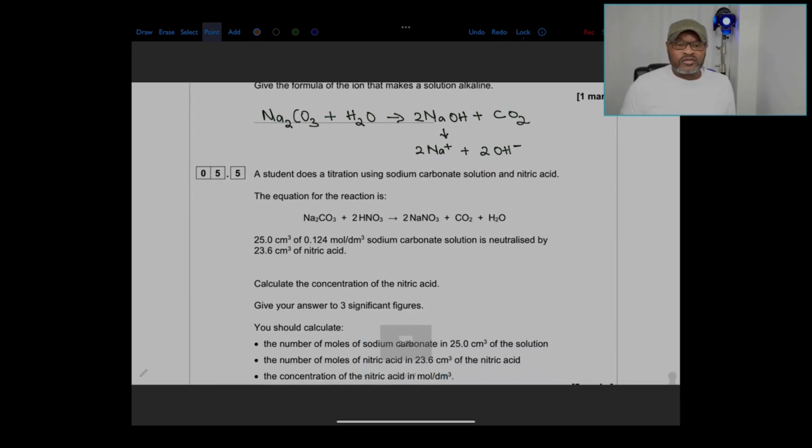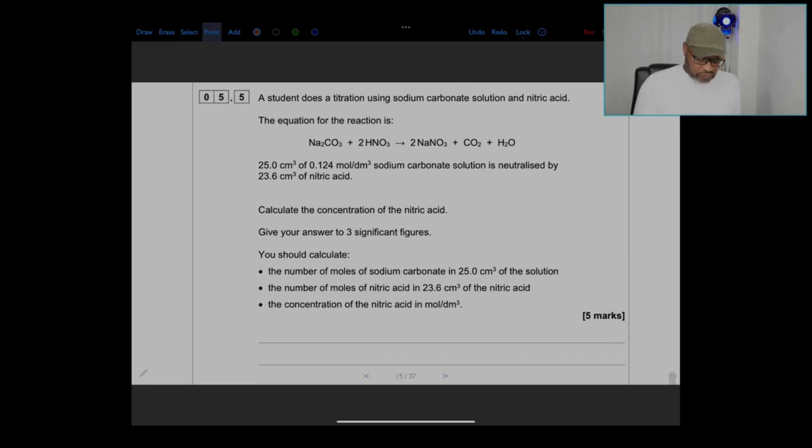And question 5.5. For question 5.5, a student does a titration using sodium carbonate solution and nitric acid. The equation for the reaction is shown below. 25 centimeter cube of 0.124 mole per decimeter cube of sodium carbonate solution is neutralized by 23.6 centimeter cube of nitric acid.